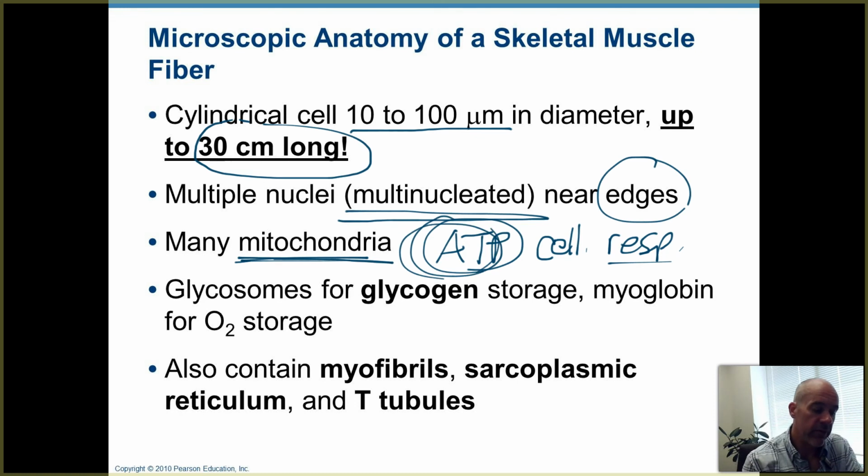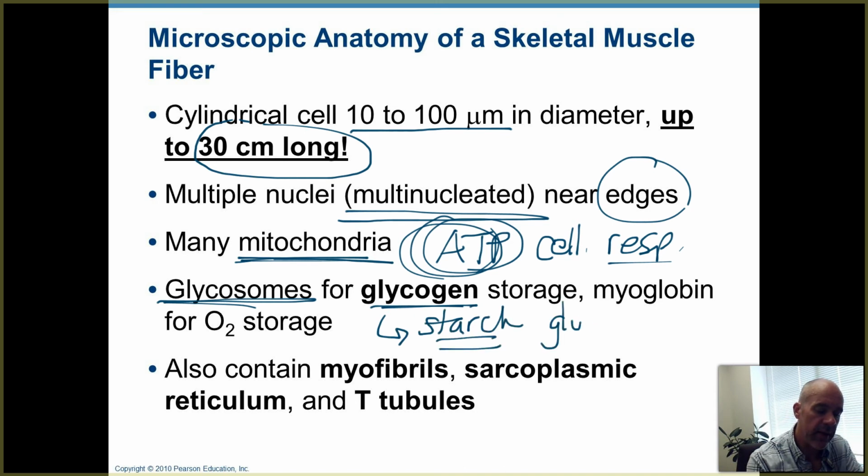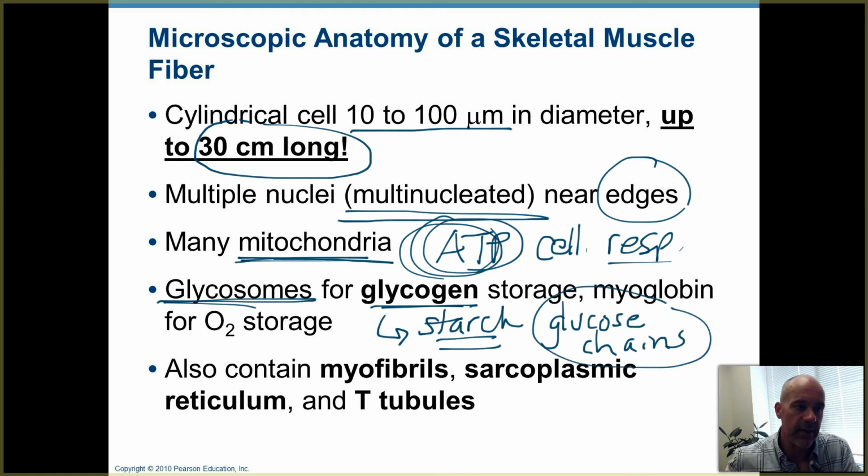Another thing that your skeletal muscle fibers have, glycosomes, are little storage areas for glycogen. Glycogen is a starch that your skeletal muscle cells make, and they're basically glucose chains. They're polysaccharides.